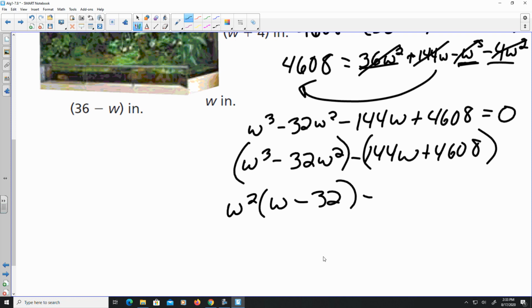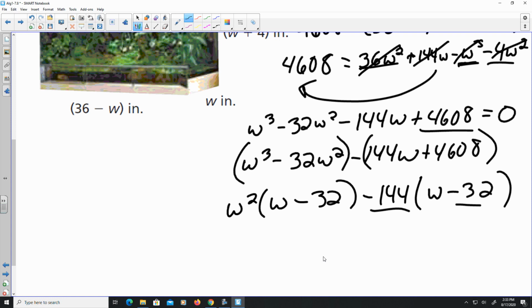Now, because I have the 144, I'm assuming if I took 4608 and divided it by 144, I get 32. Awesome. So 144 goes there. Now, because I have this negative, it's going to be W minus 32. Think about this. Negative 144 times negative 32 is positive 4608.